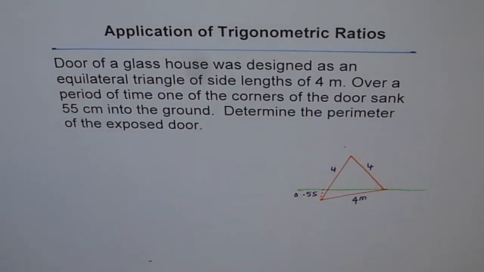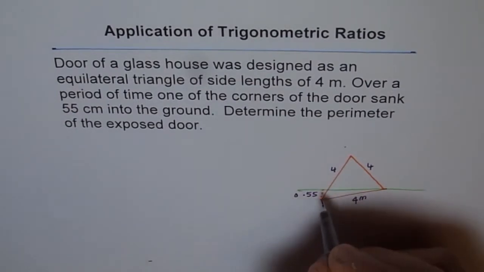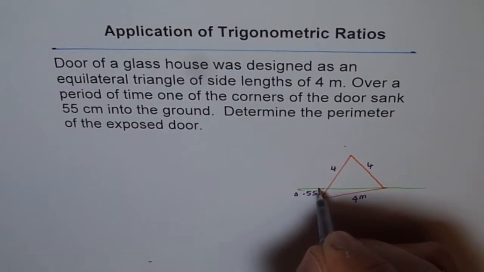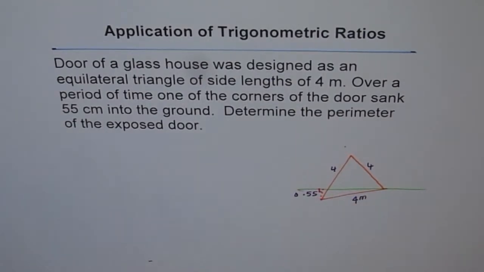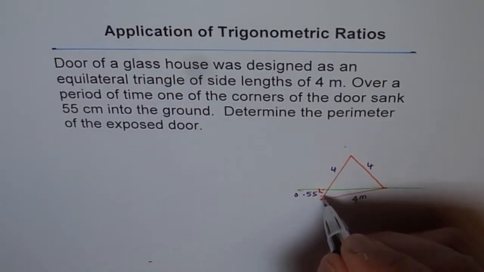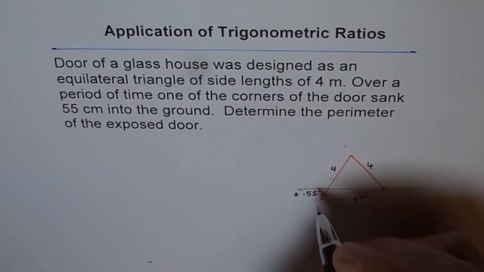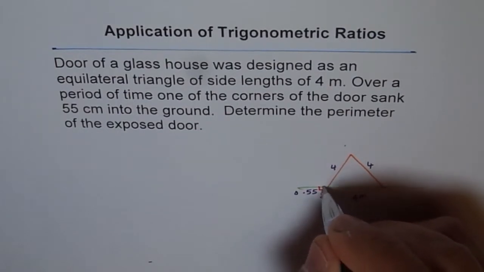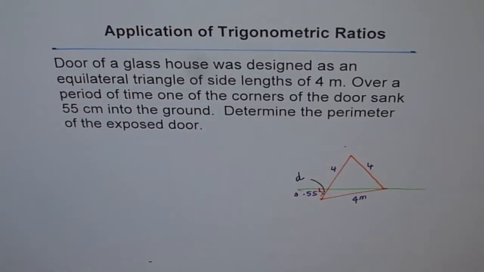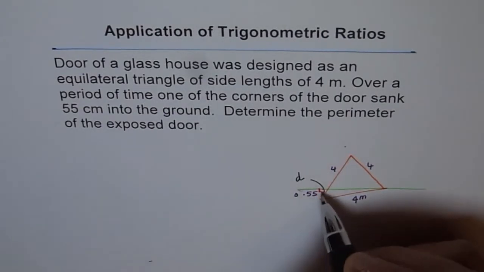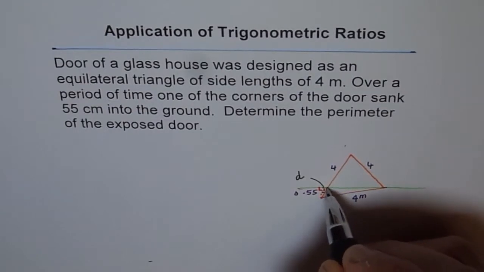Now to figure it out, what can be done? One thing is that we know this small little triangle here is a right angle triangle. So this is 0.55, and that is a right angle with the ground. Let us call this angle D. Now if this angle is D, and we know this height as 0.55, we can find the length, let's say L, from here to here.